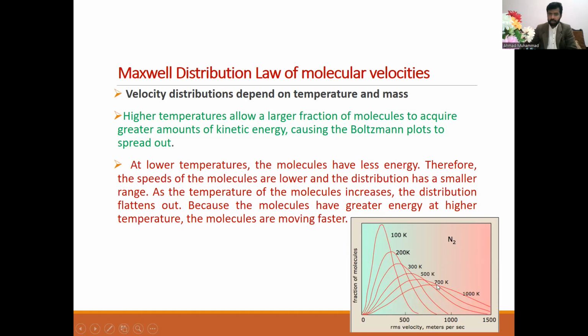Similarly at 500, 700 and at 1000 Kelvin, these molecules go into the flattest form.